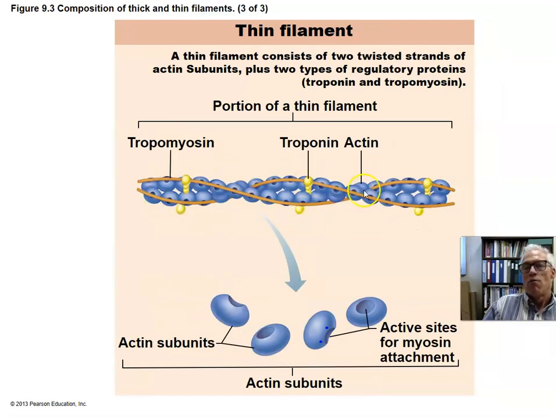The actin microfilaments are made up of many so-called globular actin or G-actin subunits, and they're assembled into long strands or threads called filamentous actin or F-actin, and then a couple of F-actin filaments are twisted together to produce the thin filaments, the thin microfilaments.